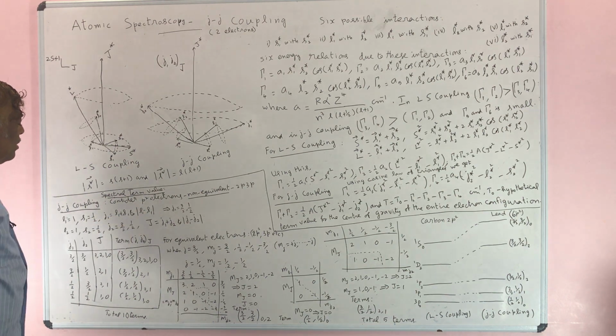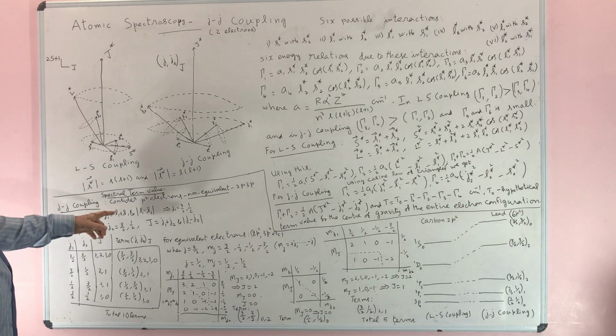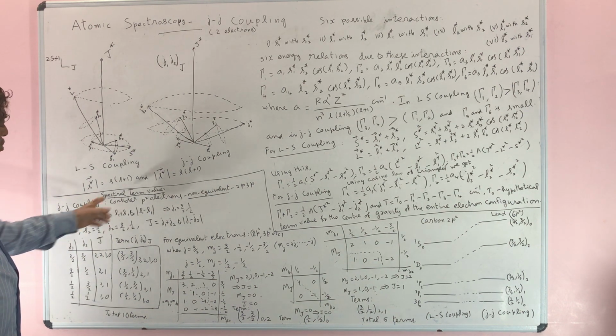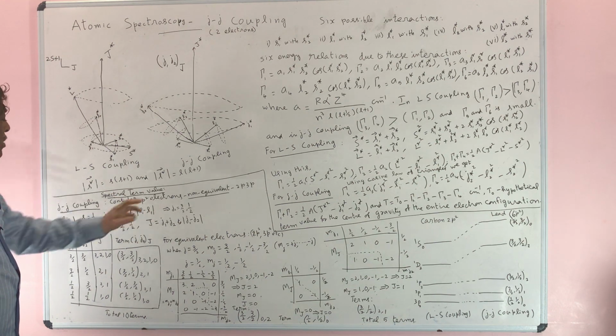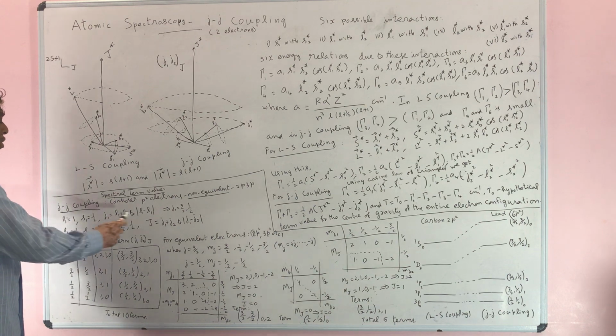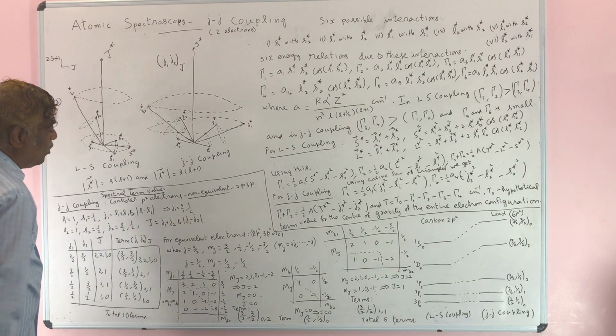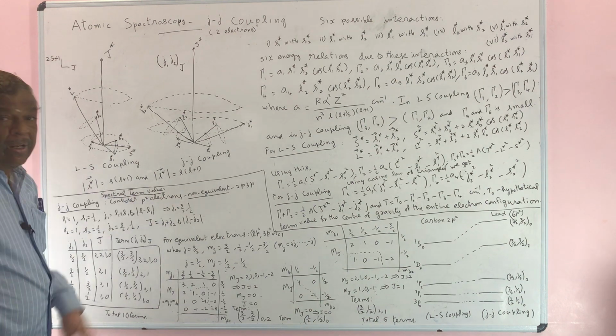These values decrease in steps of unity: L1 plus S1, then L1 plus S1 minus 1, and so on up to this value. So with L1 equal to 1 and S1 equal to half, J1 has two possibilities, 3 by 2 and 1 by 2.